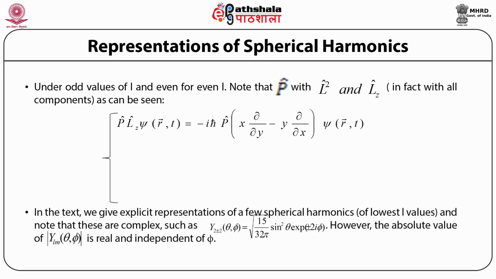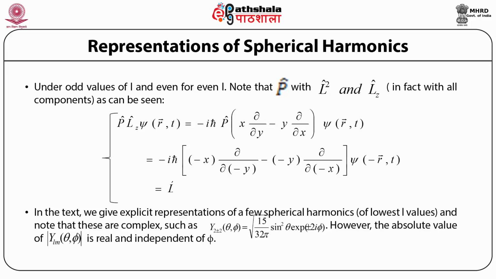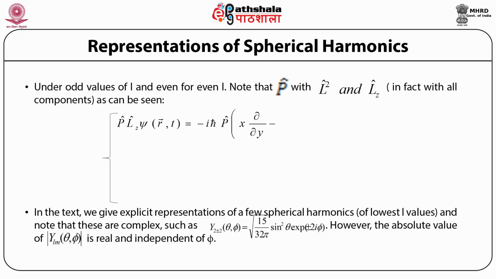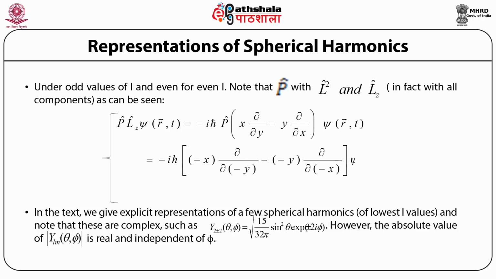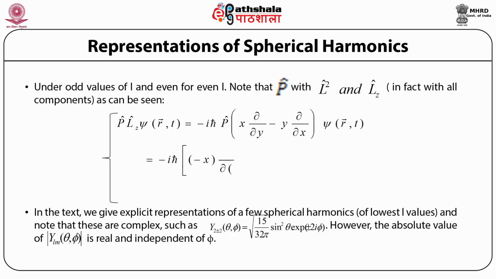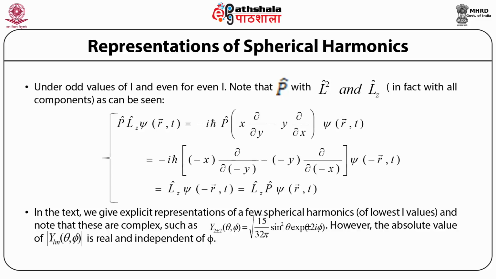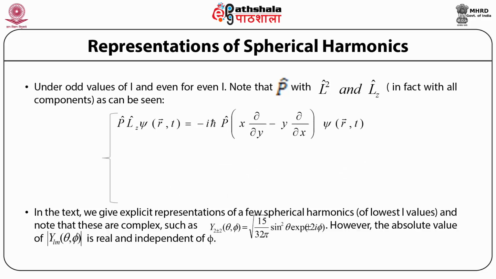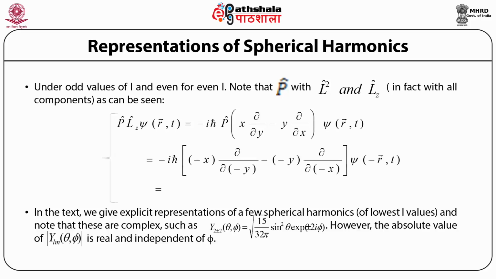And from this, one can also get explicit representations of a few spherical harmonics of the lowest L values. Looking at these, one can note that they are complex. For example, the spherical harmonic Y_2,plus-minus 2(theta, phi) is equal to the square root of 15 by 32 pi times sine squared theta times exponential to the power plus or minus twice iota times phi.